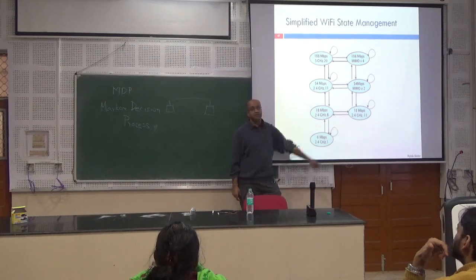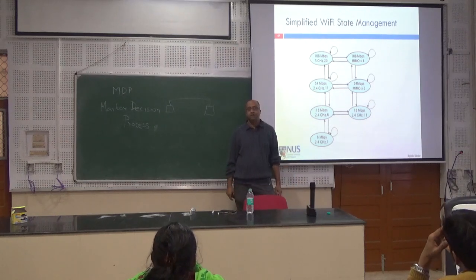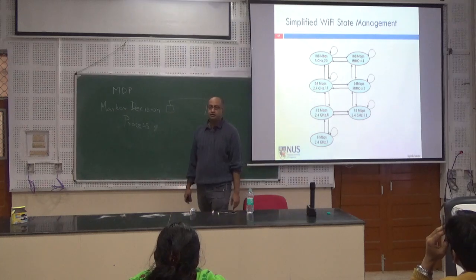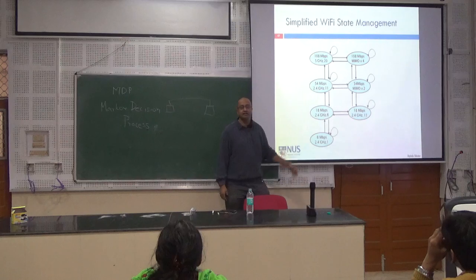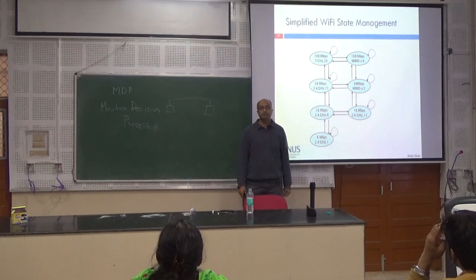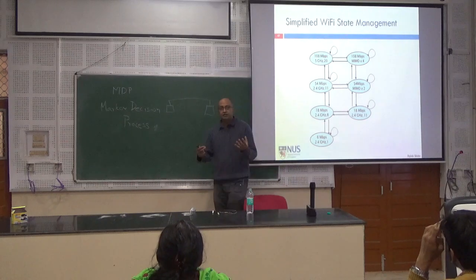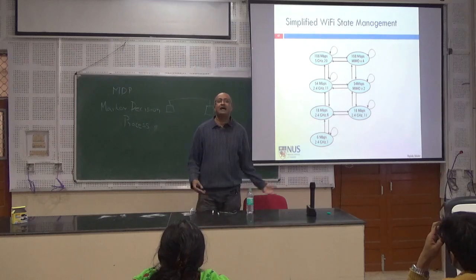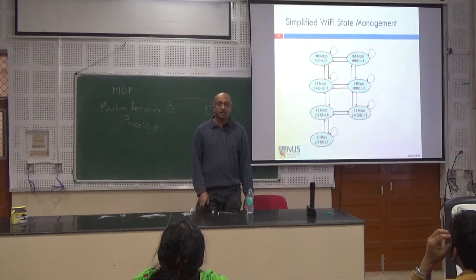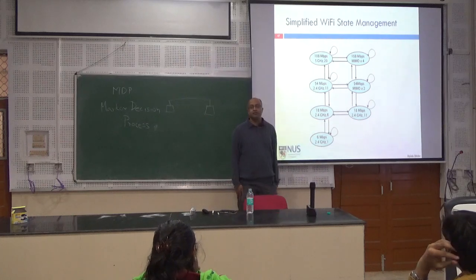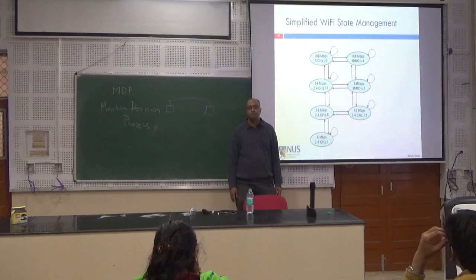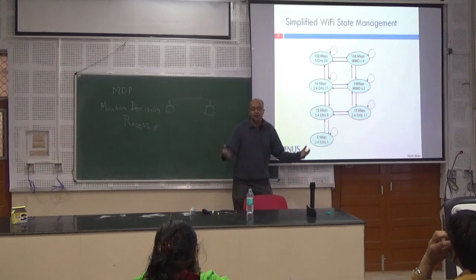How valuable is this to me? If I was just sending email, I don't really care if it is 18 Mbps or 54 Mbps. If I'm just reading news online, I don't care. And what's the cost of going from 18 to 16? Maybe it matters to me, maybe it doesn't.